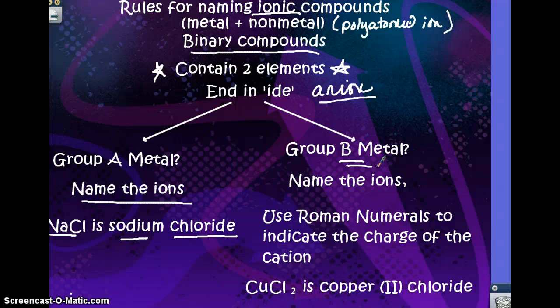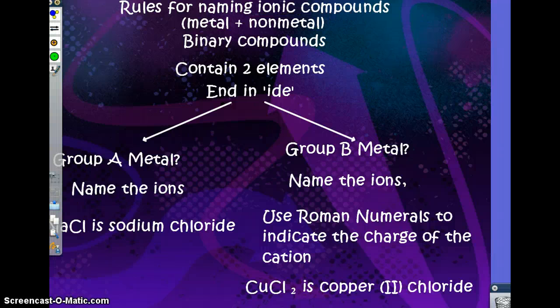And so we're going to do the same thing in terms of naming the ions and changing the ending of the nonmetal to -ide, but we also have to use Roman numerals to indicate the charge of the particular ion. Now the example that's given down here is CuCl2, and the name is written copper(II) chloride.